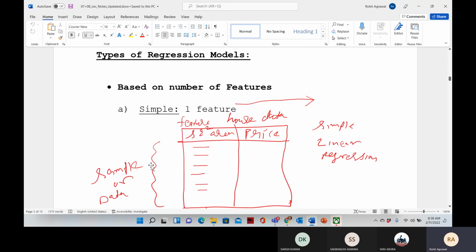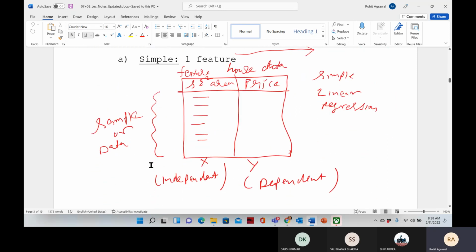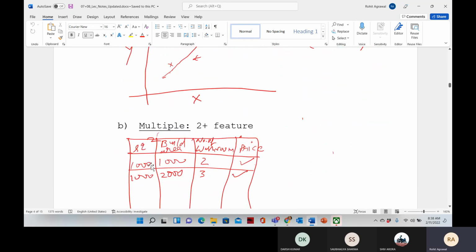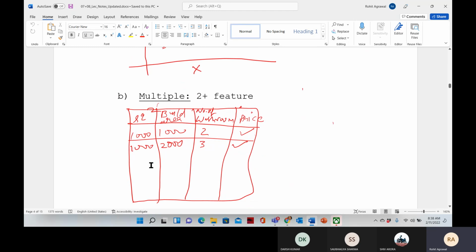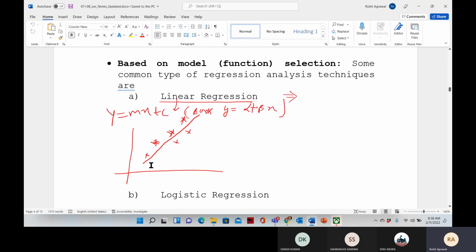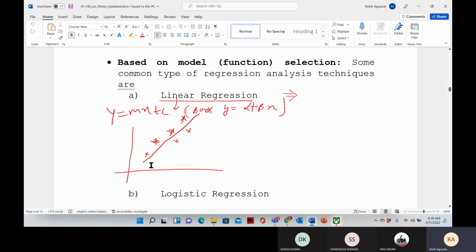A simple regression means only one feature. A multiple regression means two or more than two features. And a linear regression means y equals mx plus c if there is only one feature, or if there are two features, then you can have y equals a1x1 plus a2x2 plus b.